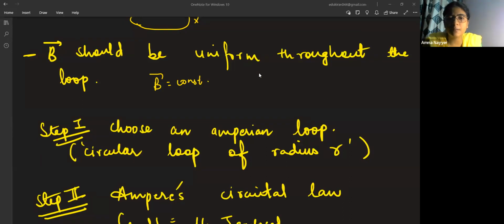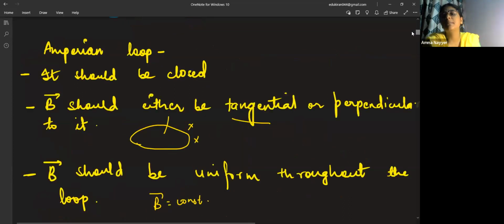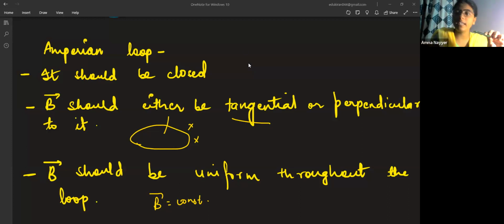Expand the second point, tangential and perpendicular. The magnetic field should fall tangentially or perpendicularly. For example, this is an Amperian loop and the magnetic field is going inwards. Usually in your syllabus, in most of the questions, the magnetic field is present inwards and outwards only. So suppose the magnetic field is going inwards. Now look here, it is actually perpendicular to the Amperian loop.